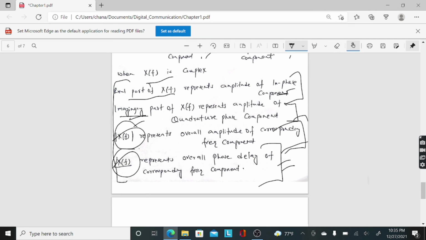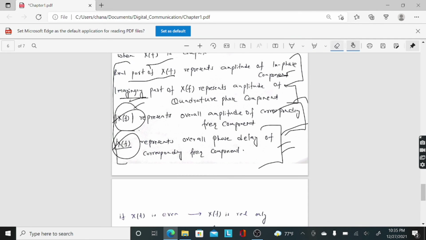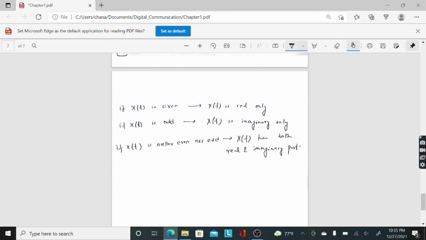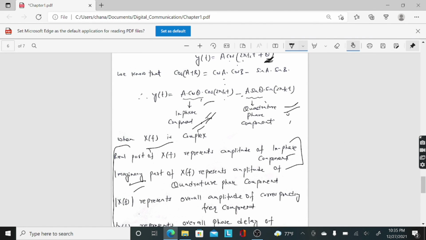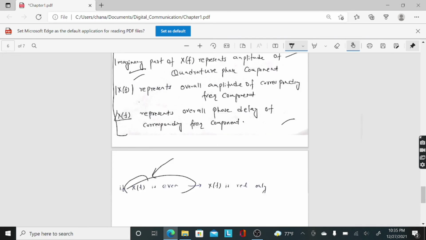Now some intuitive things based on what we learned. Let's say x(t) is even. Even means x(−t) is the same as x(t). For example, the cos signal is an even signal. So that means I should be able to generate it with only cos frequency components, which means it will have only in phase component and it will not have quadrature phase component for a pure even signal.